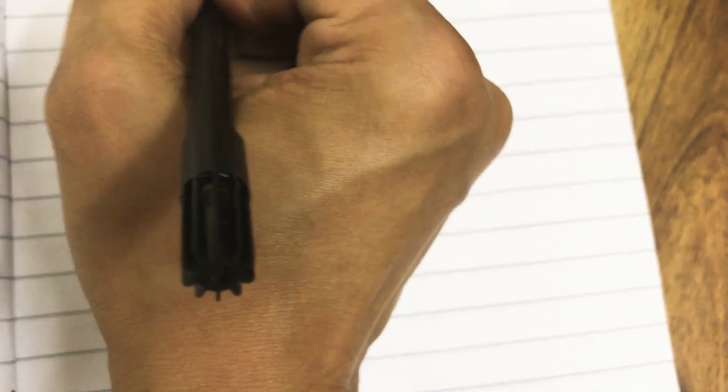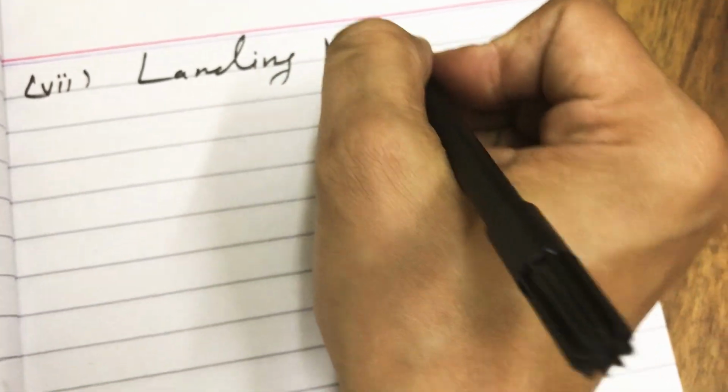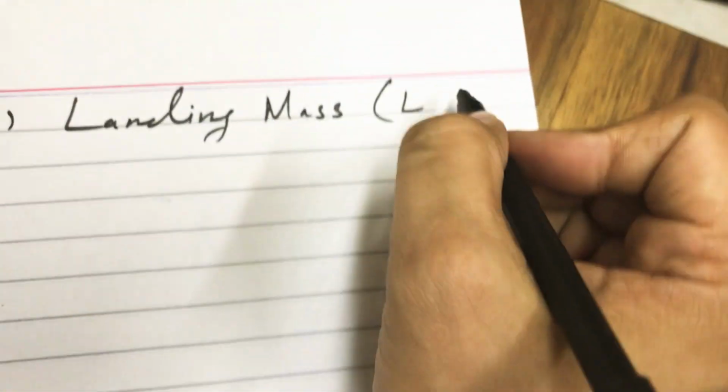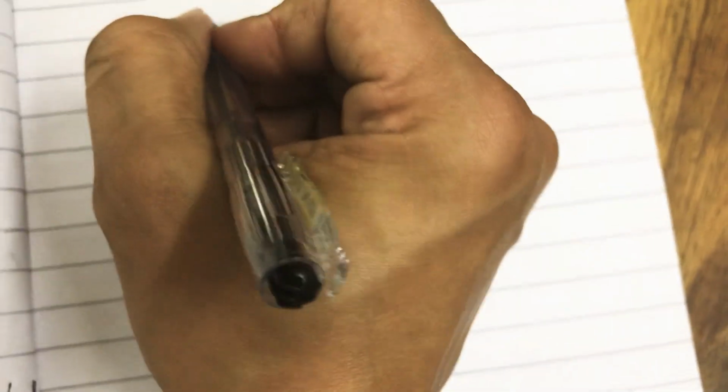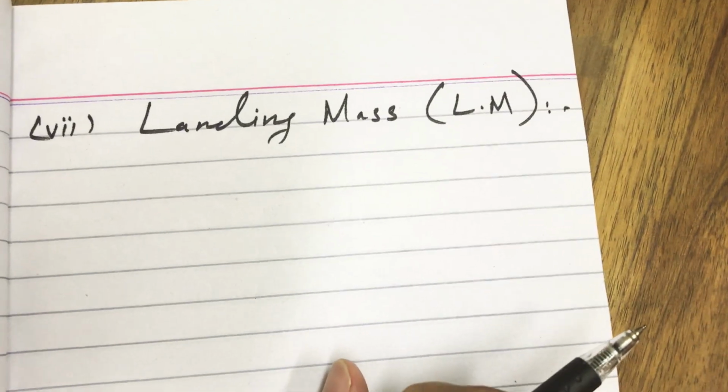And the last one is landing mass. What is landing mass? Landing mass is the mass of aircraft at touchdown.